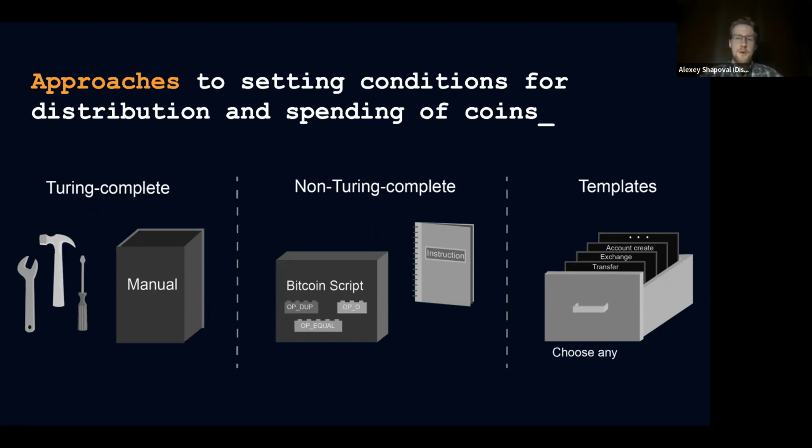Several examples of Turing complete systems include, of course, Ethereum and all of its forks, layer 2 solutions, and other solutions that are somehow directly or indirectly connected with Ethereum and generally are running on top of the Ethereum virtual machine, and the ones that implement Ethereum standards.